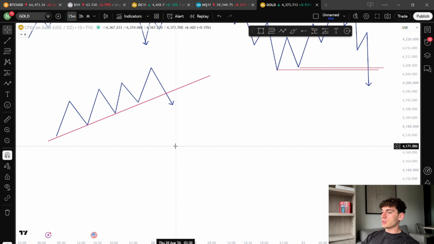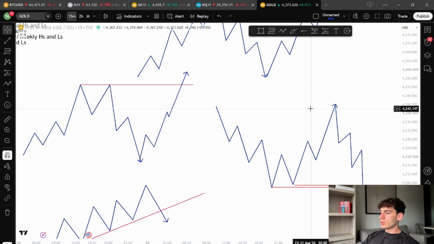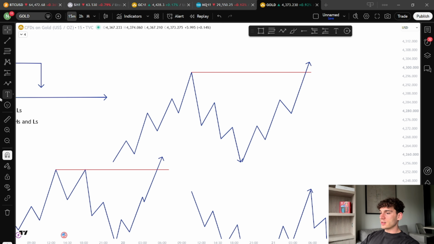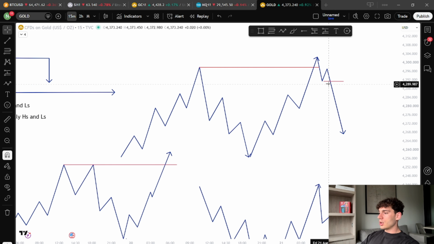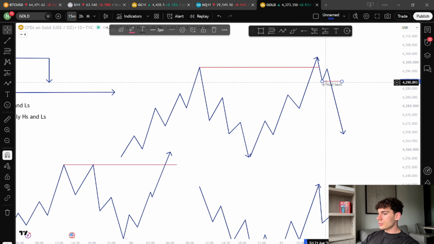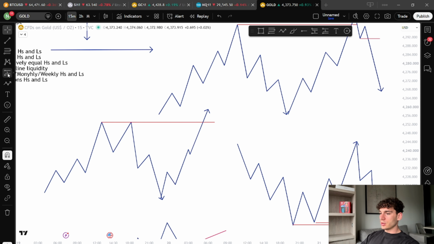So in these examples here, to start with the first one, let's say price was going up and then took that liquidity, and then it did something like this. So you're going to have change in state of delivery here. Now in this example here, it's pretty much the same.